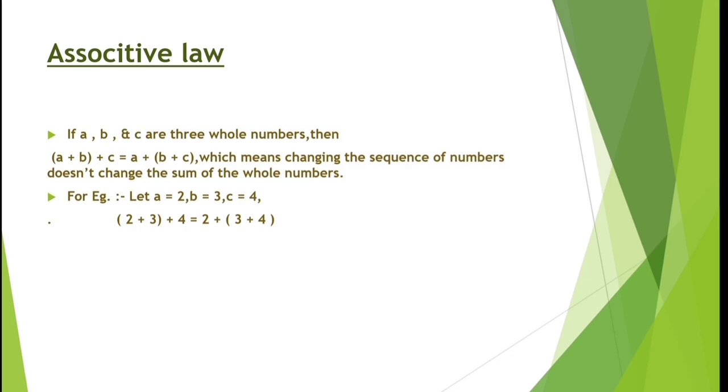Whereas on the right hand side, you are going to add 3 and 4 first, so that will give you 7. Then you add it to 2. This is how it goes. So the result in both cases, both on the left hand side and on the right hand side, is 9.